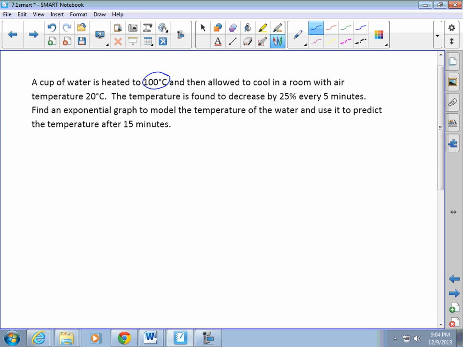So if it's decreasing by 25%, then 75% of the original temperature remains after 5 minutes. Oops, I should say remains. So I know then my base for this.